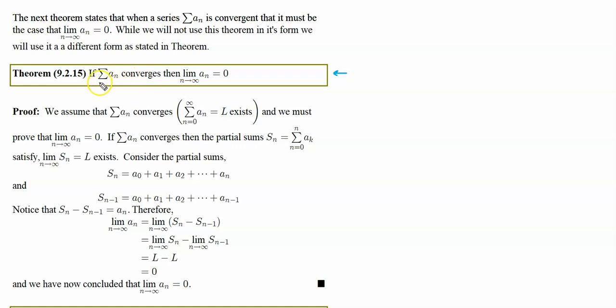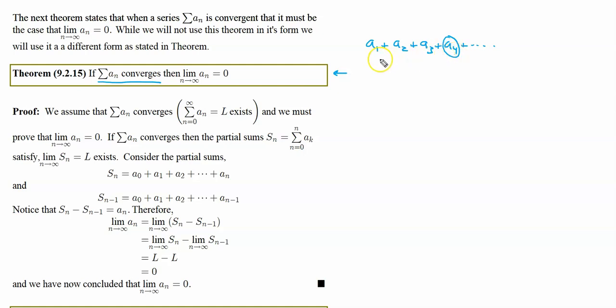If we have a series that converges, then the limit as n goes to infinity of the an terms must equal 0. That should intuitively make sense because if you're adding up terms, a1 plus a2, all the way to infinity, it seems reasonable that for this number to exist, the individual numbers in your sequence must be getting closer and closer to 0.